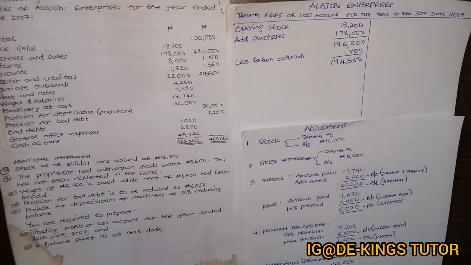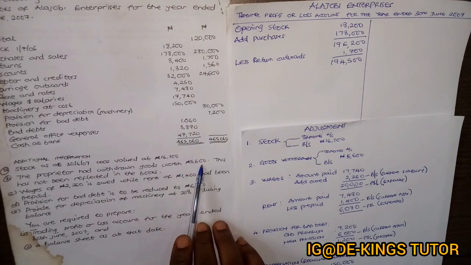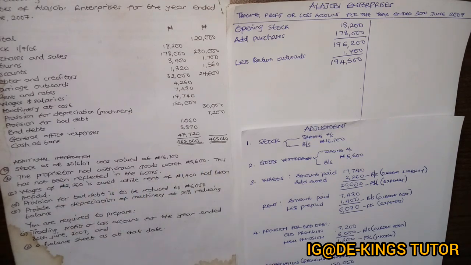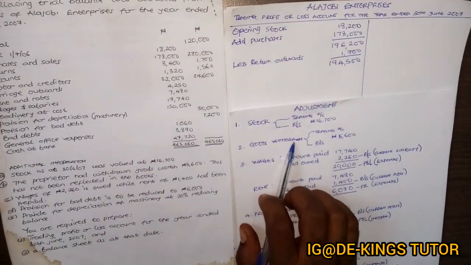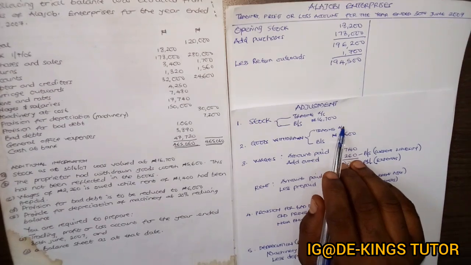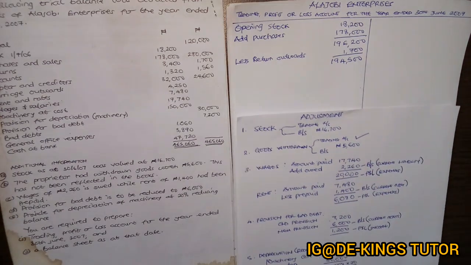Now the next thing, they said goods withdrawn. If you check here, the proprietor had withdrawn goods worth 56. This has not been reflected in the books, and we did an adjustment on that. So the first one will come to the trading account. We are posting this one now.